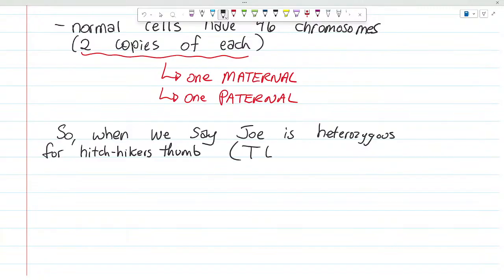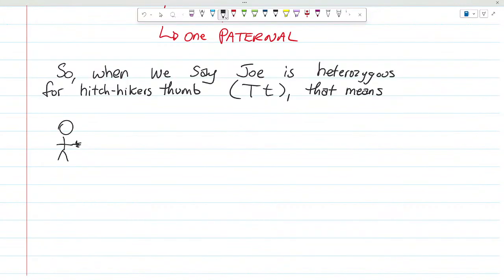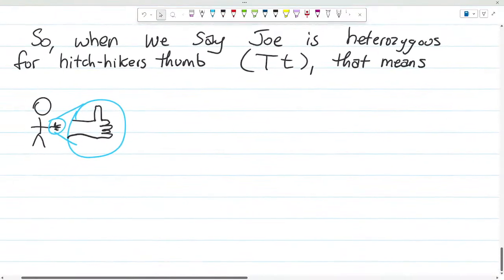That would actually be a straight thumb, but that's okay. Regardless, that means this: inside Joe, sitting here with his notably straight thumb, we could zoom in on his hand and we would see he has a straight thumb, or possibly a weird tumor growing out of his hand.